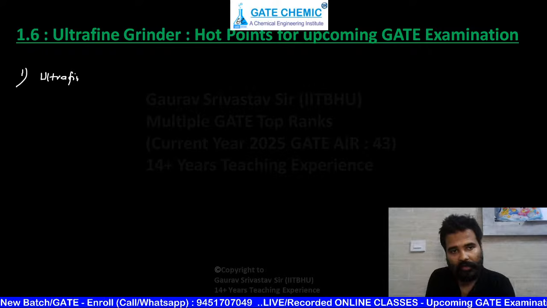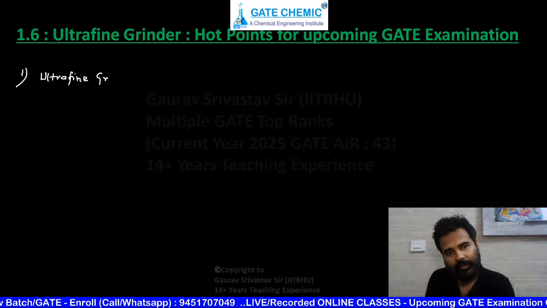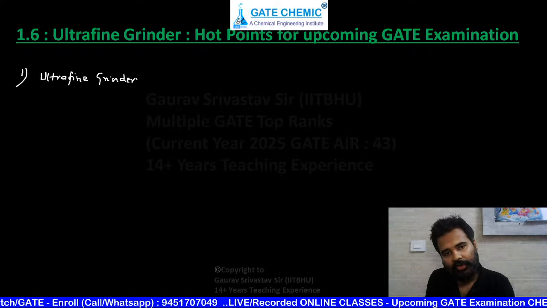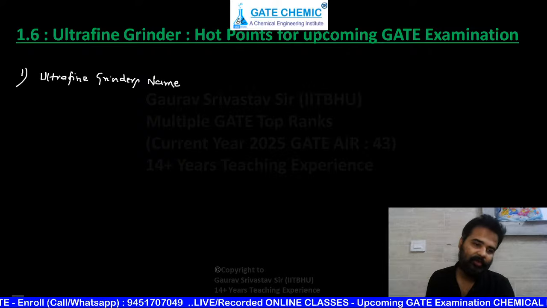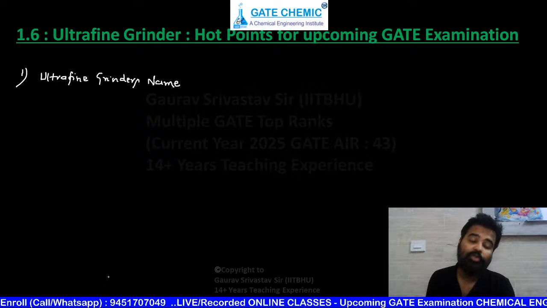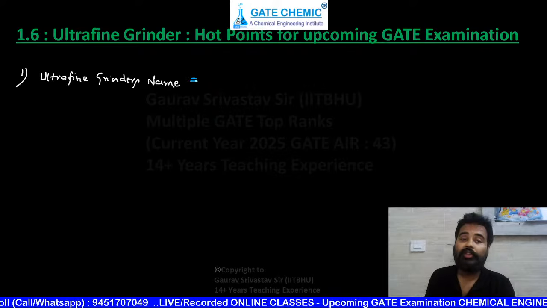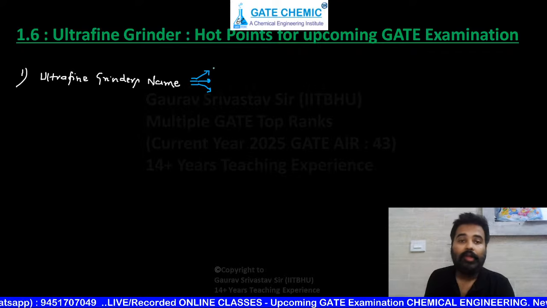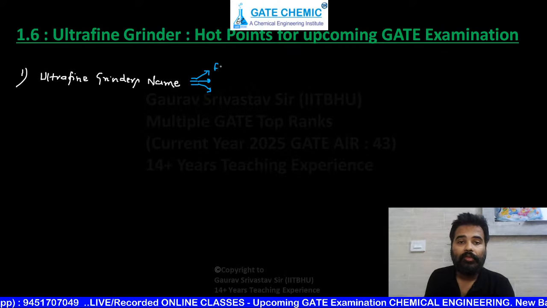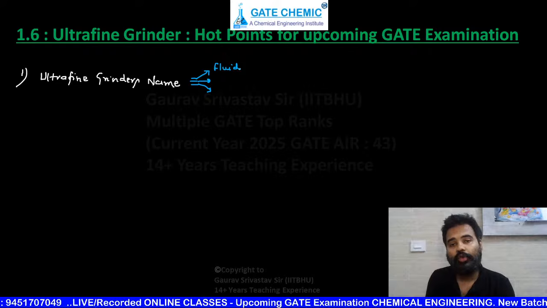First one, that is very easy. Ultra fine grinders' names, because here only three important ones are present. You need to remember these three names because in your examination it is also asked which one of the following is an ultra fine grinder. So three names are there. One is fluid energy mill.